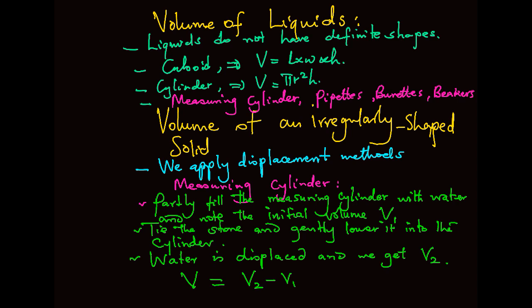We can also use a Eureka can in the displacement method to determine the volume of the stone. In this case, we would need a Eureka can, which is a can with a spout on one side.